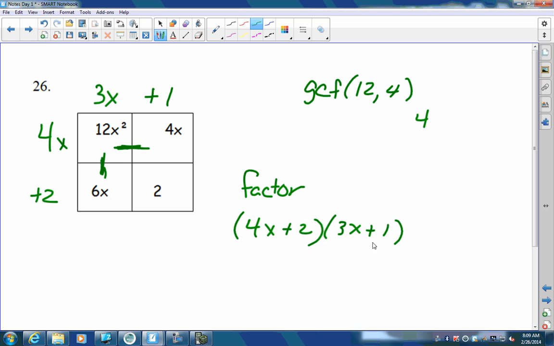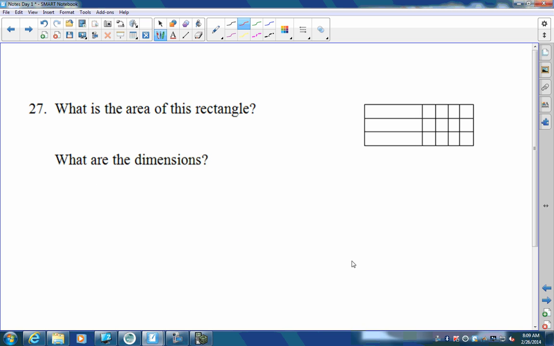My product's what's on the inside. All right. This one says, what is the area of the rectangle? Area is this stuff that's right here, inside. It's 1, 2, 3. I have 3x. 1, 2.